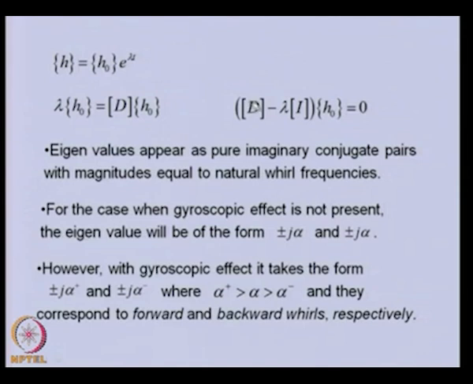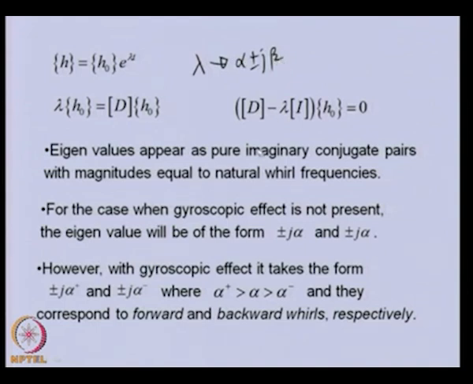n number of eigenvalues. Basically, in this particular case, because we do not have damping in the system, this particular eigenvalue should have a real part plus an imaginary part, and the real part corresponds to damping and the imaginary part corresponds to the natural frequency.